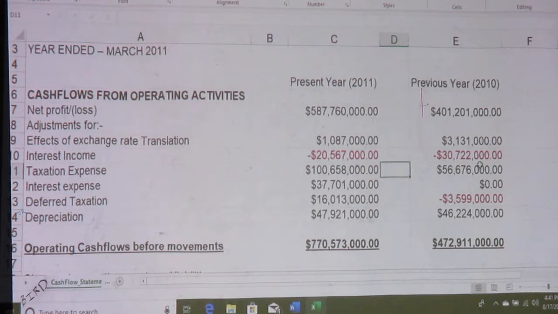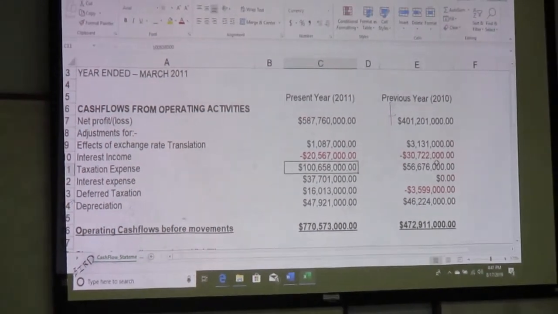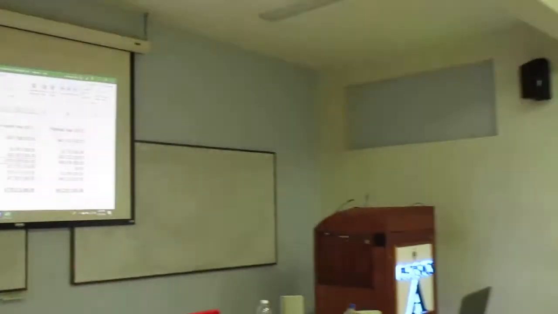So, for example, this is a good one, tax expenses went up by near 100%. Do you know why that was, by the way? Sorry? Yes. So, Lasco Manufacturing was listed on the junior market.